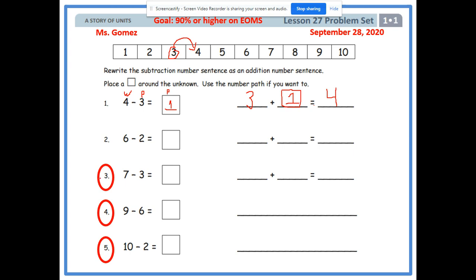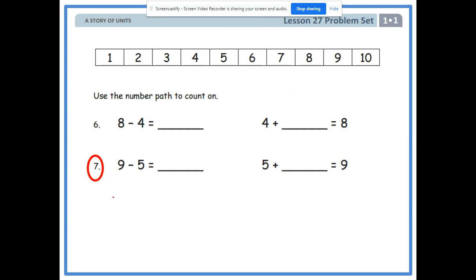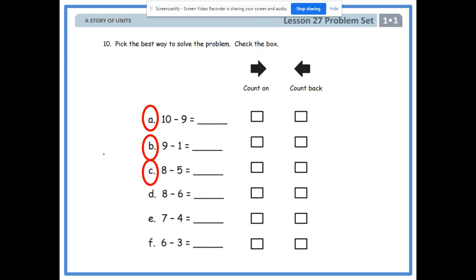Ready? Must-do problems are numbers 3, 4, 5. Number 7, turn to the back page, and then from 10, you're going to circle A, B, C.